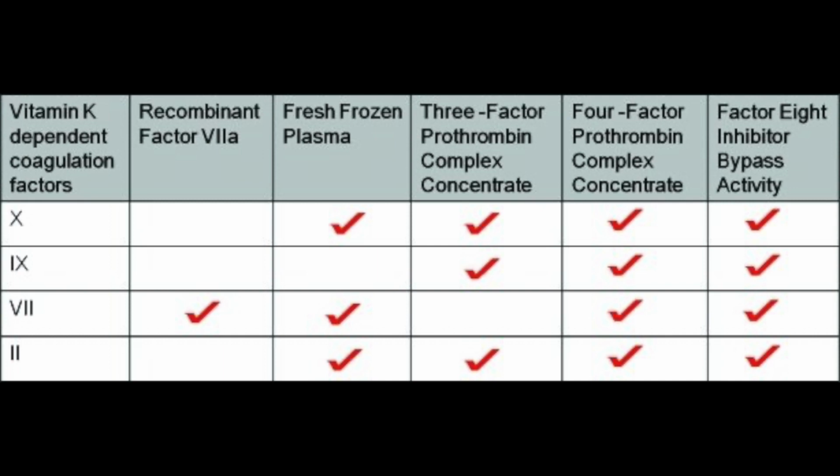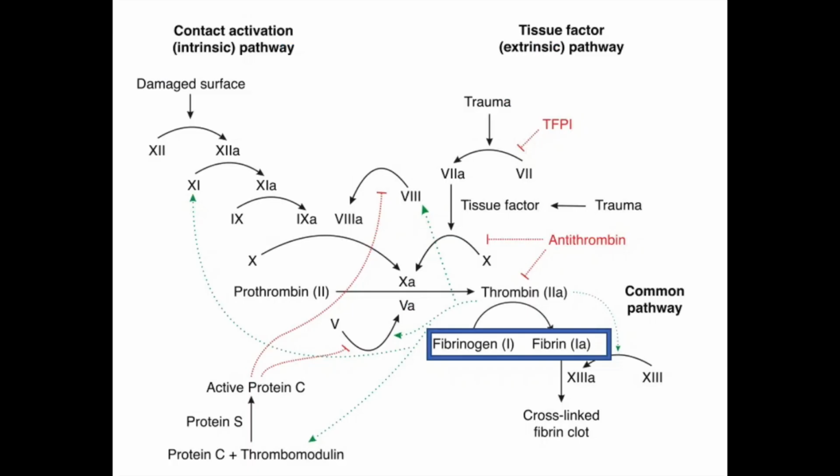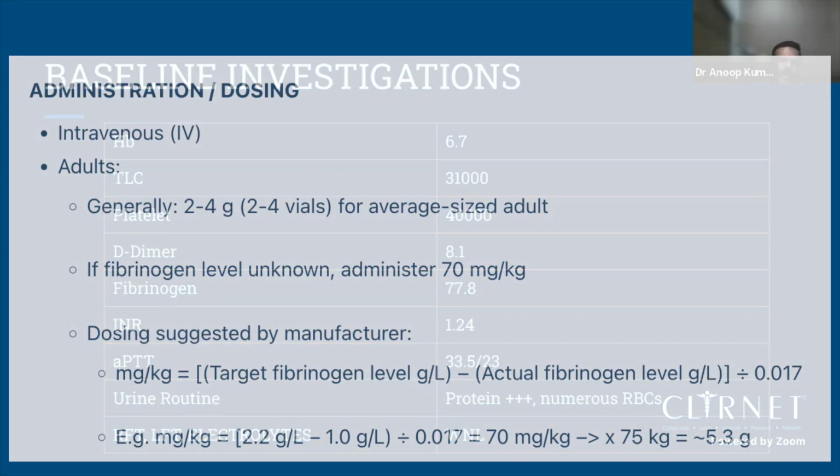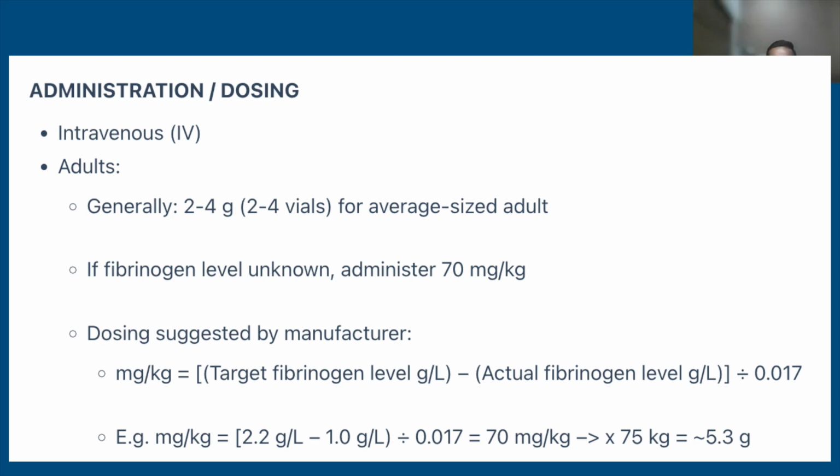No, sir, no. Then for fibrinogen, do you still want to go with 4-PCC or the drug you told before? Fibrinogen concentrates, sir. How much fibrinogen concentrate will you use? What is the dose? Sorry, sir, I don't know. Okay. So only fibrinogen concentrate is enough.